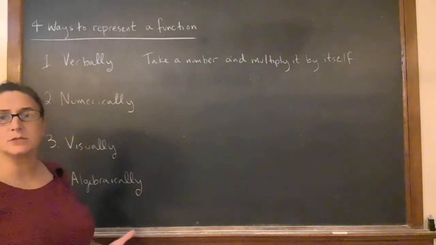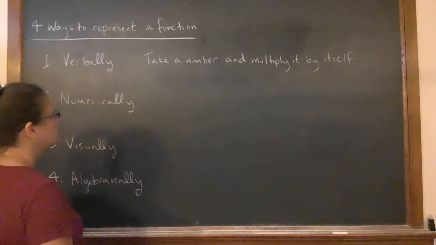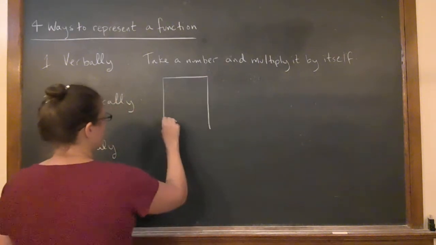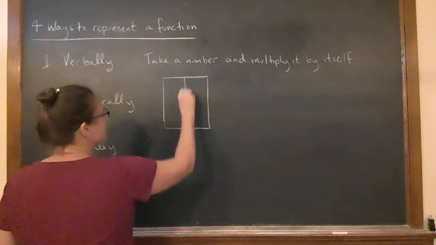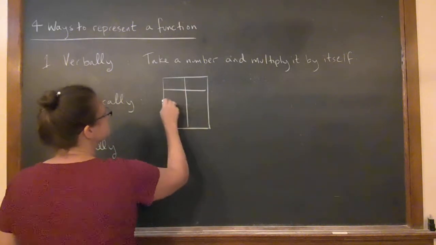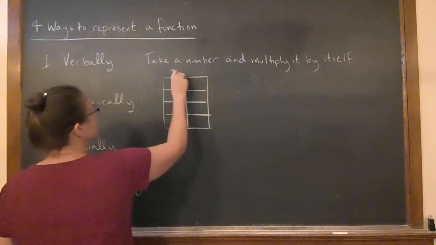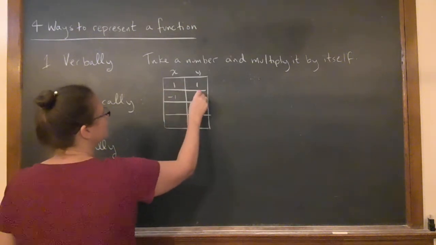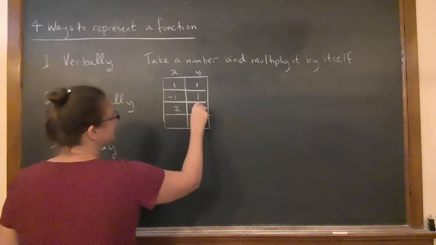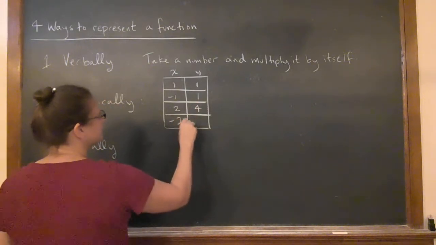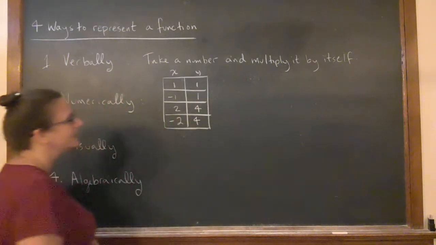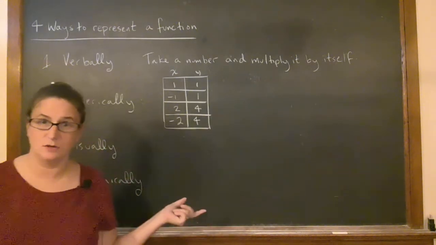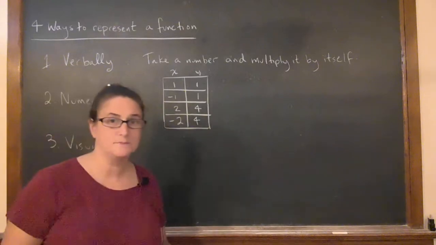Numerically typically means with a table of values. So we could do it like this. X, Y: 1 goes to 1, negative 1 goes to 1, 2 goes to 4, negative 2 goes to 4, etc. I don't have very many there because I don't want to write very many, but it gives you an idea.